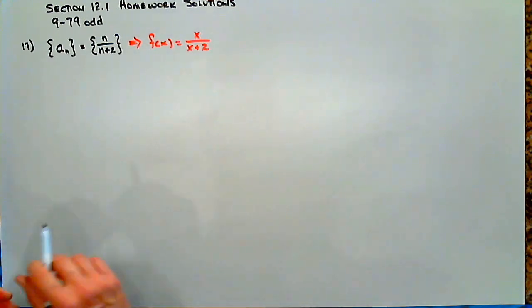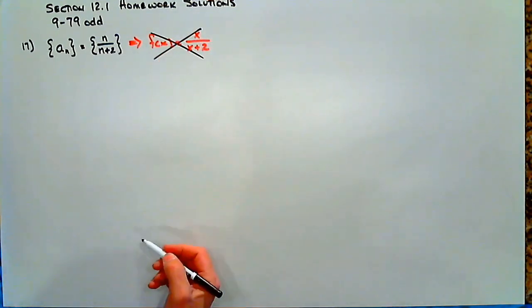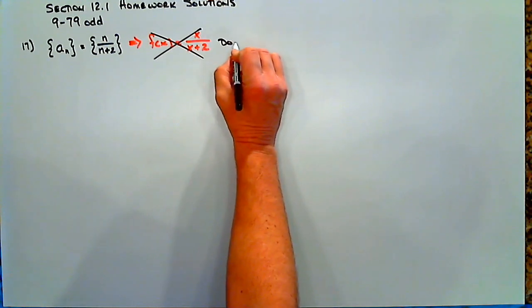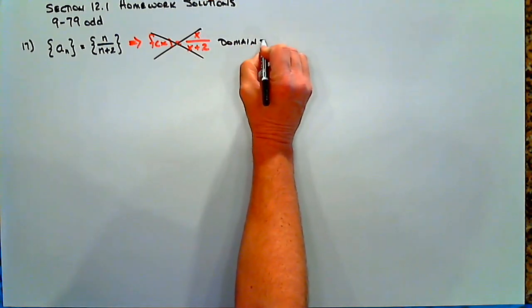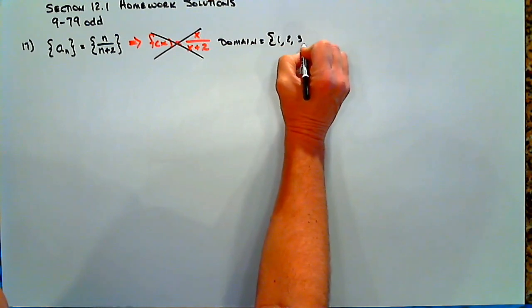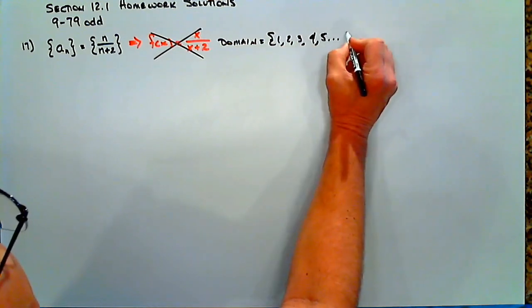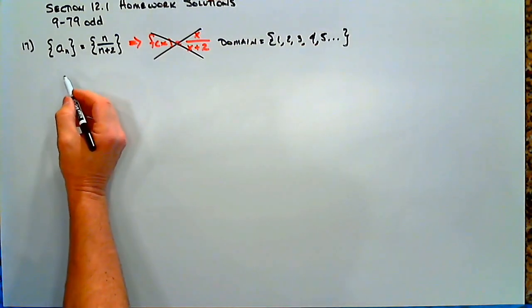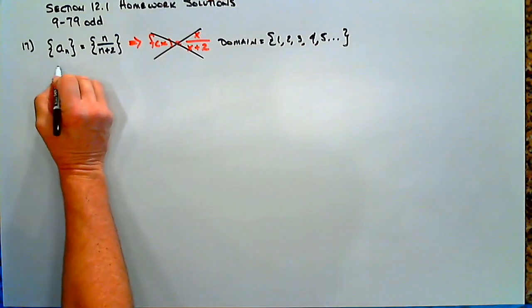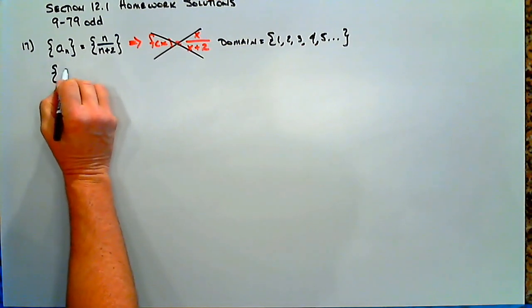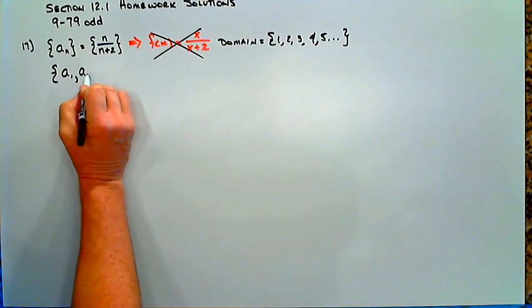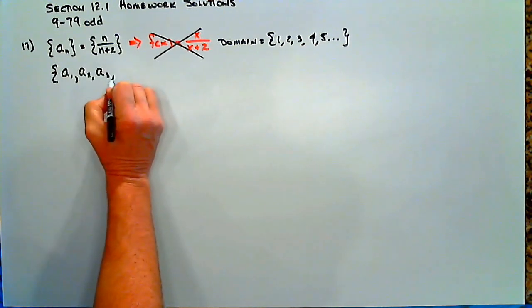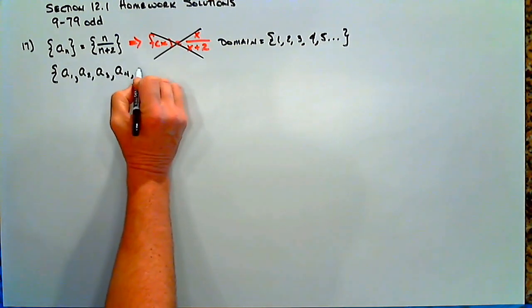What does this mean? This doesn't mean this, right? It means our domain is 1, 2, 3, 4, 5. Our domain is the positive integers. So all we want to do is plug in the positive integers. So when it asks us for the first 5 terms, notationally, it wants us to find term 1, term 2, term 3, term 4, and term 5.